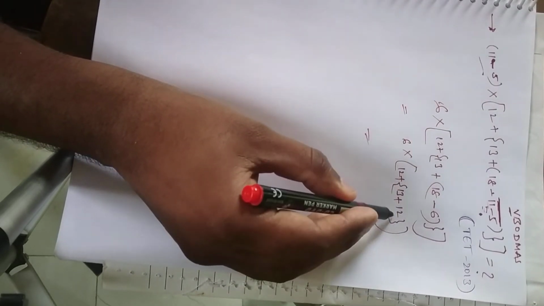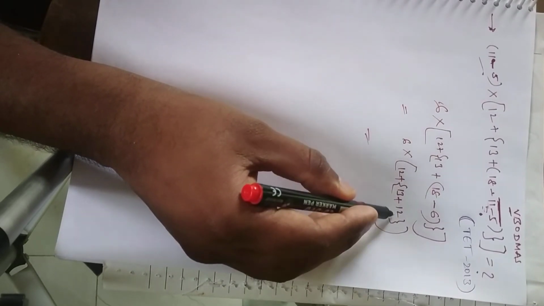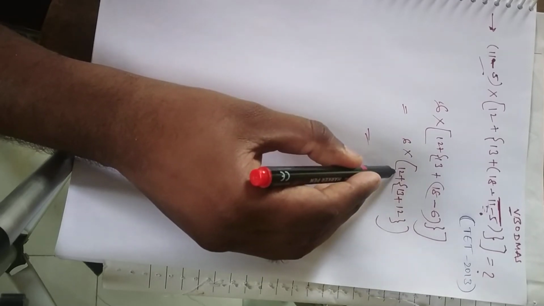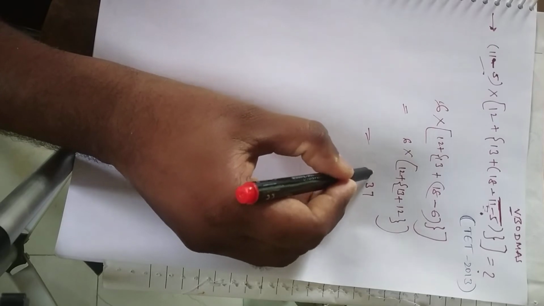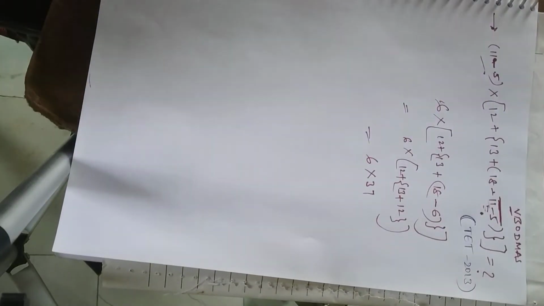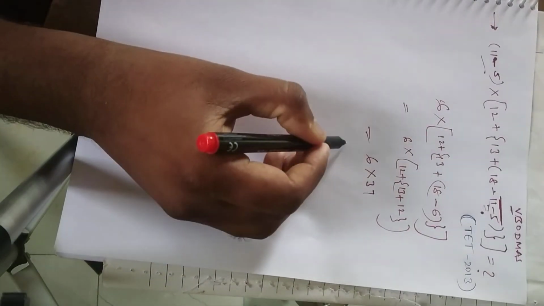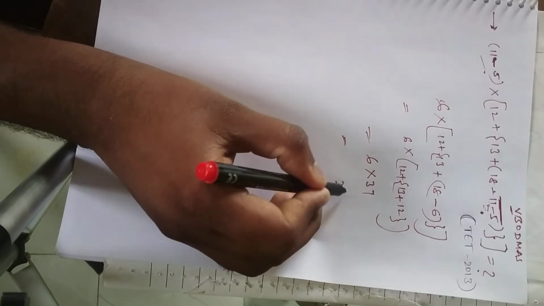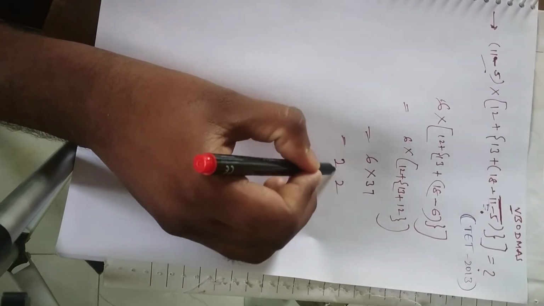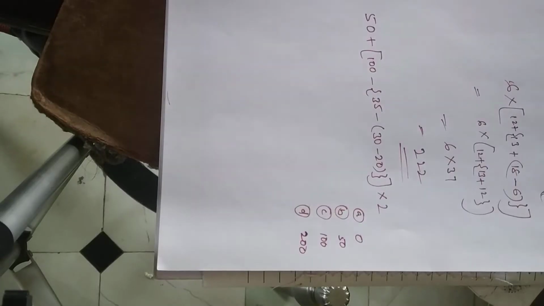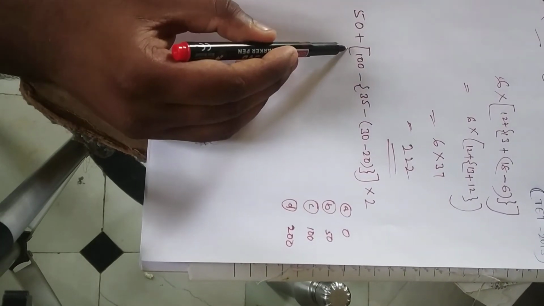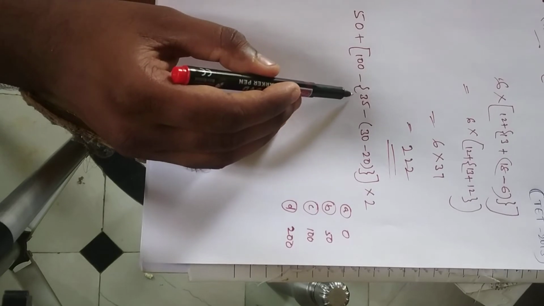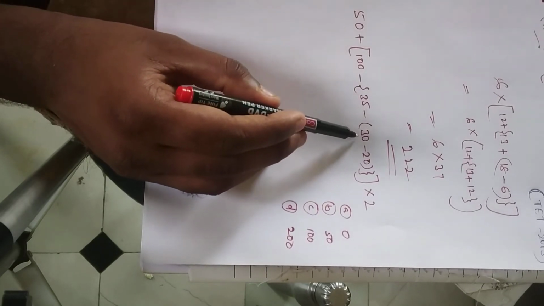Now 13 plus 12 is 25. 25 plus 12 is 37. 37 into 6 is nothing but 222. 222 is the answer.